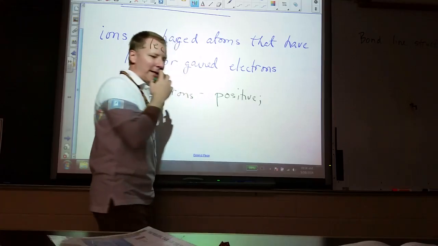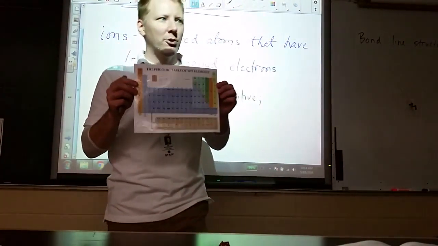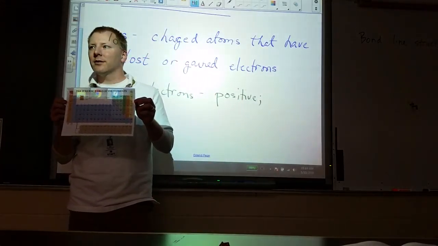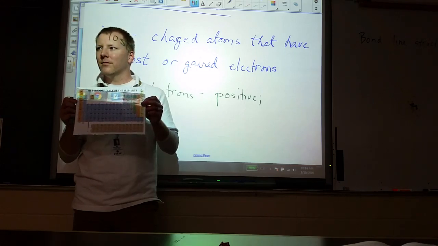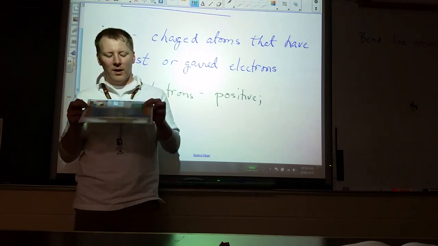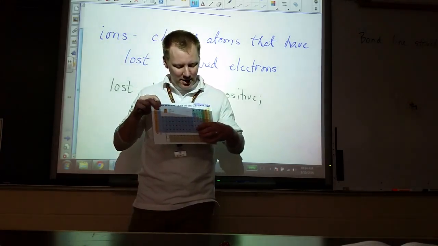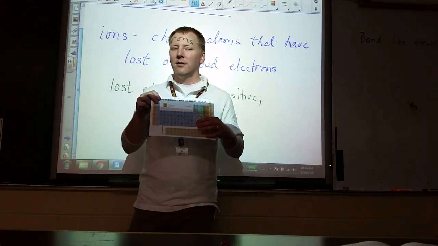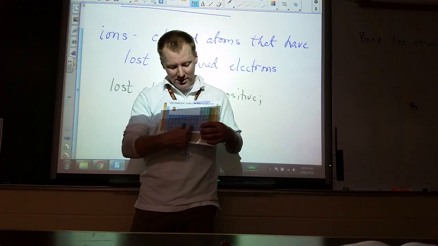From our reading, which big group of elements is most likely to lose electrons? Right, so it talked about the first and second column and the third column, most of them. What do we call those collectively? Those are the metals. And in fact, these do as well.